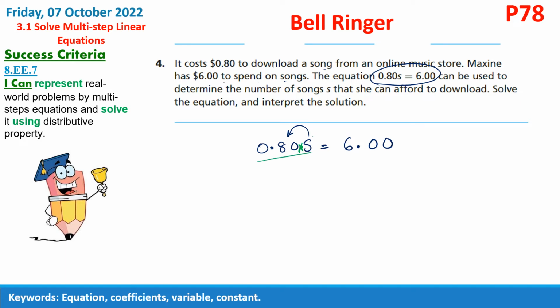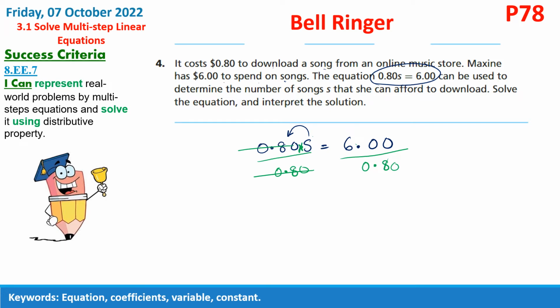We divide. Divide the whole equation here by 0.8 and on the other side also by 0.8. Now 0.80 and 0.80 cancel out, right? Now this 6.00 means 6, right? And the down is 0.8, right?